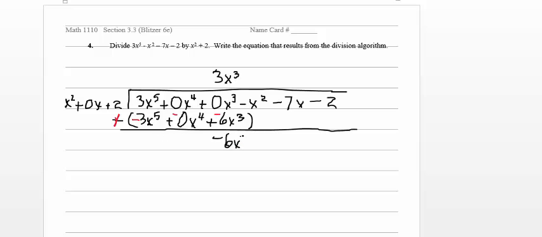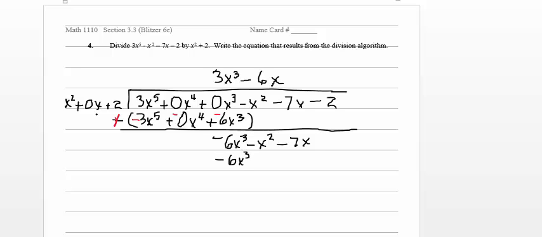So the result of this addition is negative 6x cubed. I need to bring down two more terms. Because my divisor has 3 terms in it, I want to always be working with 3 terms in this position.